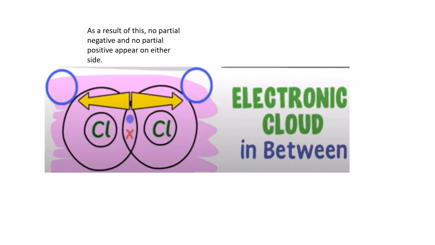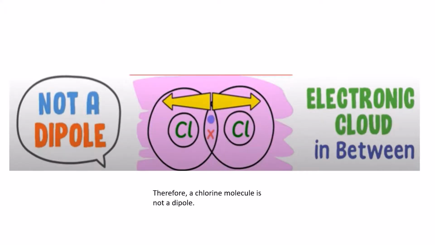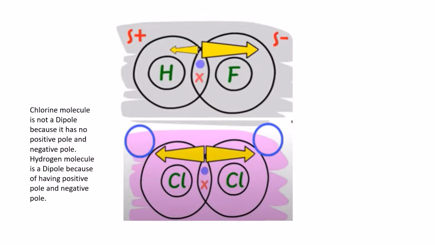As a result, no partial negative charge and no partial positive charge appear on either side. Therefore, a chlorine molecule is not a dipole, because it has no positive pole and no negative pole.